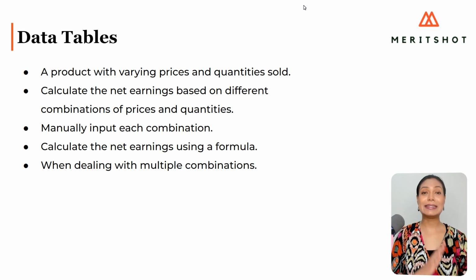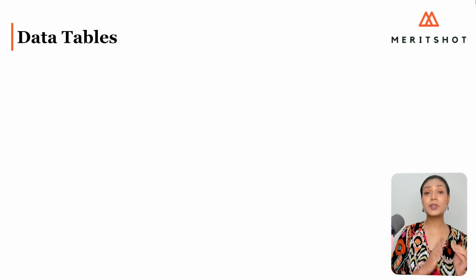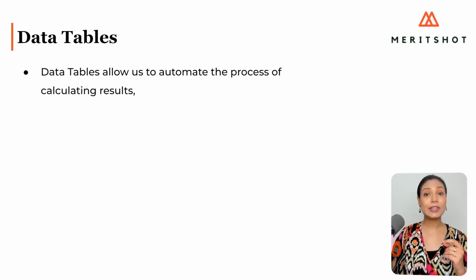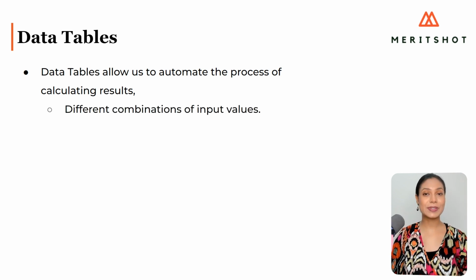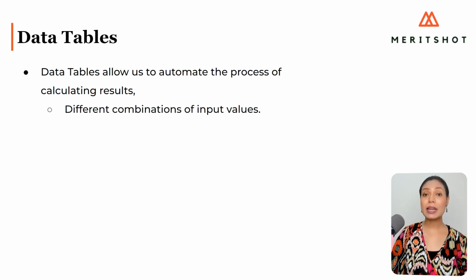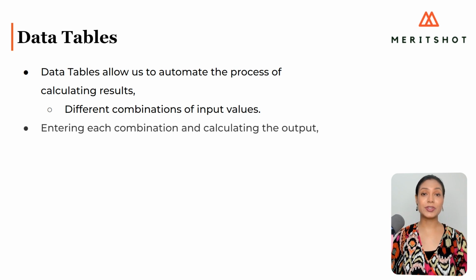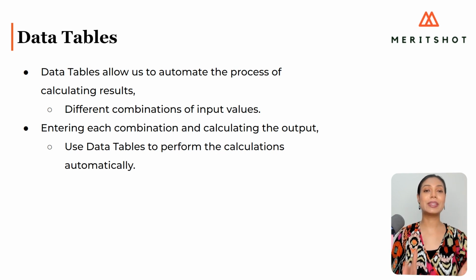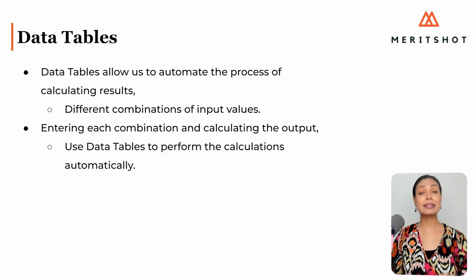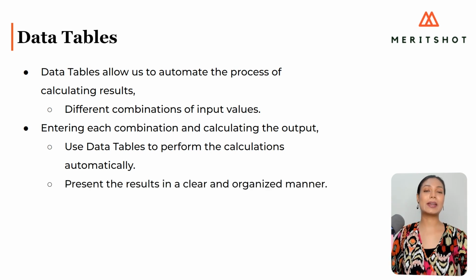This is where data tables come to the rescue. Data tables allow us to automate the process of calculating results for different combinations of input values. Instead of manually entering each combination and calculating the output, we can use data tables to perform these calculations automatically and present the results in a clear and organized manner.